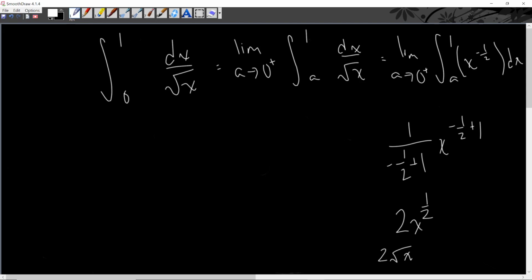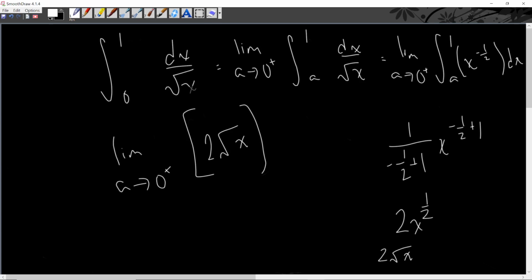And so let's plug these values back in. Let's rewrite what we have. We have the limit as a approaches 0 from the right of this integral from a to 1, and we already got this integral, so we're just going to plug in 2 root x from a to 1.